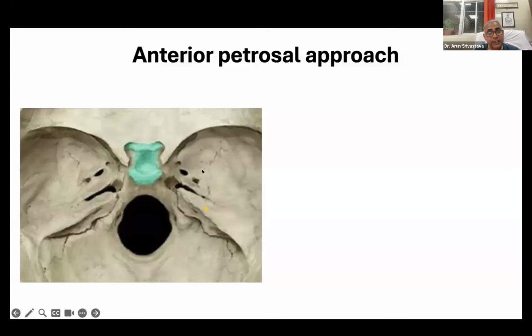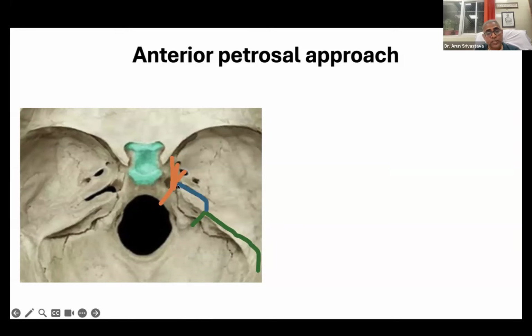This is sandwiched between two very important bones, the greater wing of the sphenoid and the occipital bone, mainly the clivus part. You will see the fifth nerve with all three divisions, the middle meningeal artery through the foramen spinosum, the arcuate eminence, and the part lateral to the internal acoustic meatus.